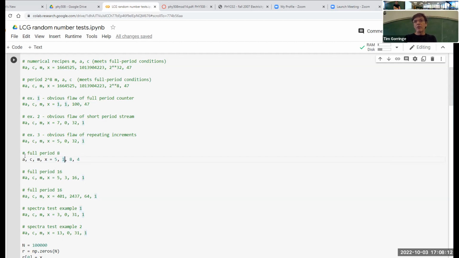The other condition was really on a, that a minus 1 is divisible by the prime factors of m. So that's 2, and a is 5, so a minus 1 is 4, so that works. And then the other one, that if m is divisible by 4, a minus 1 is divisible by 4, and that's true too. So I did pick them according to that rule.